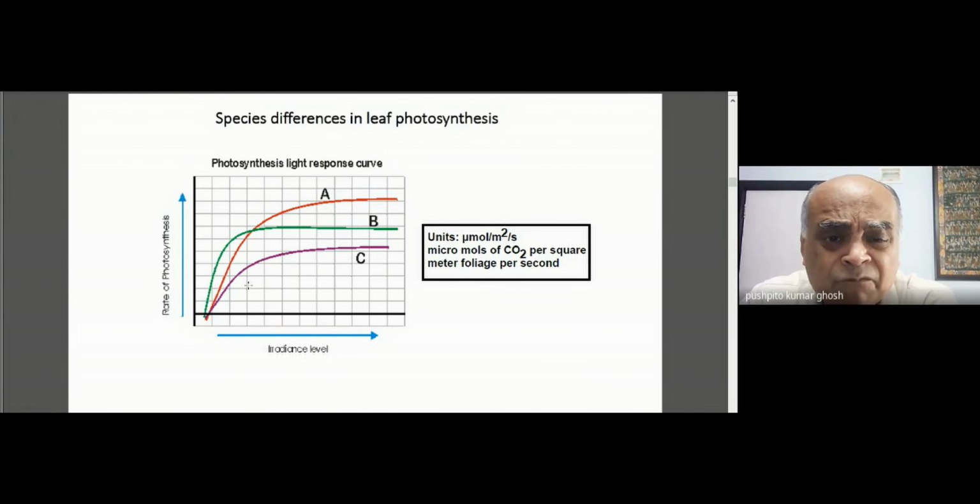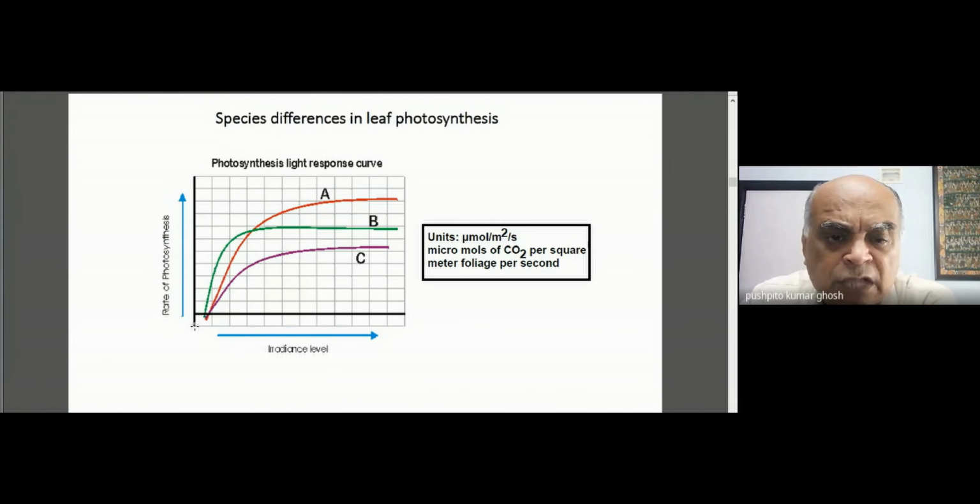And then there are some which are poor on all counts. Even with irradiance, the photosynthetic activity is not high at this level, nor is it high in the dark level. And so you get a pretty sluggish behavior of this plant.